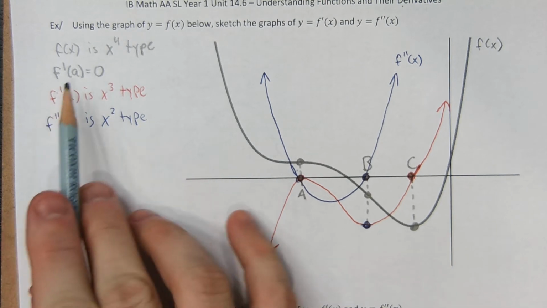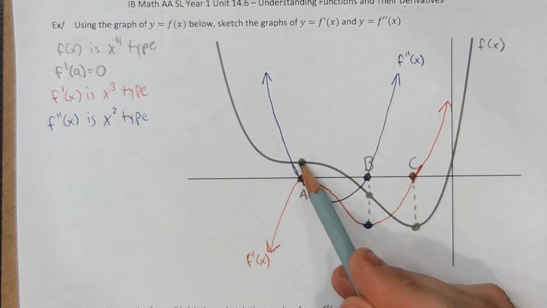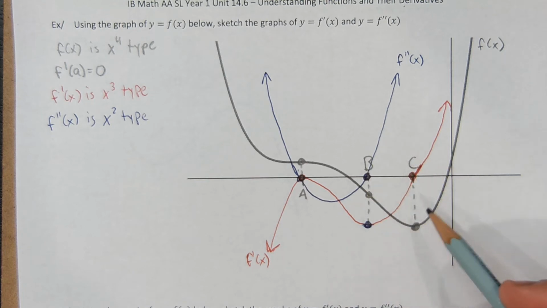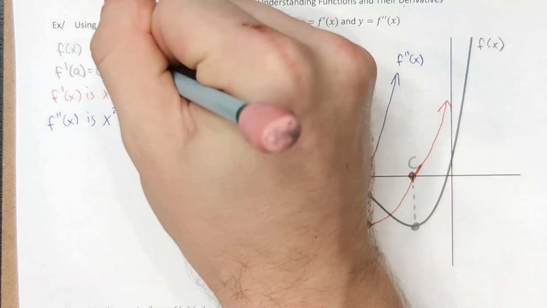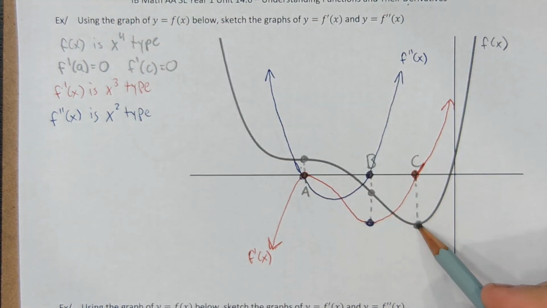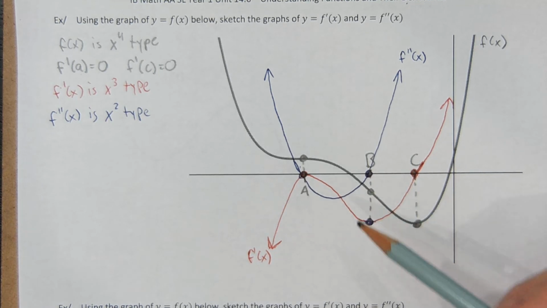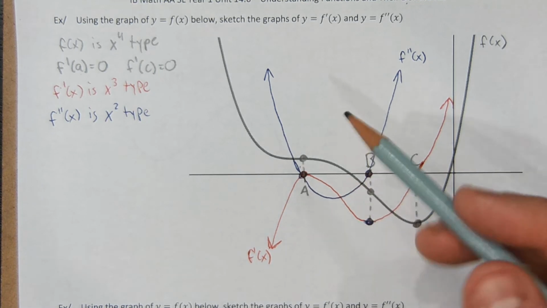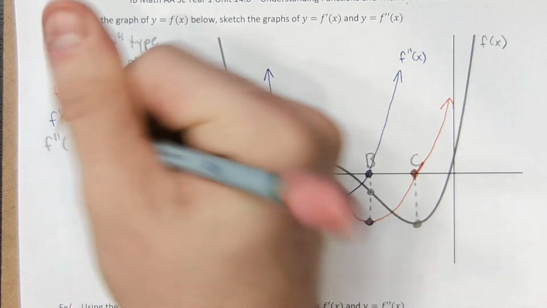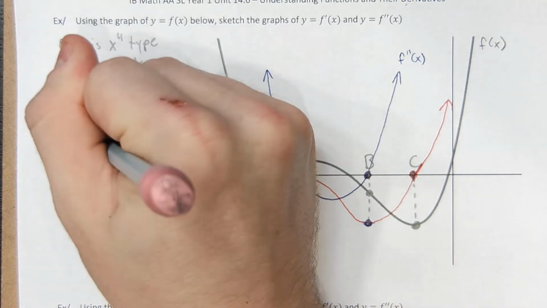So just to recap, f prime of A was 0, and that's because it's a flat point. F prime of C is also 0 because it's another flat point. When we went to the red curve, f double prime, meaning the slopes of the red curve, at A was also 0.